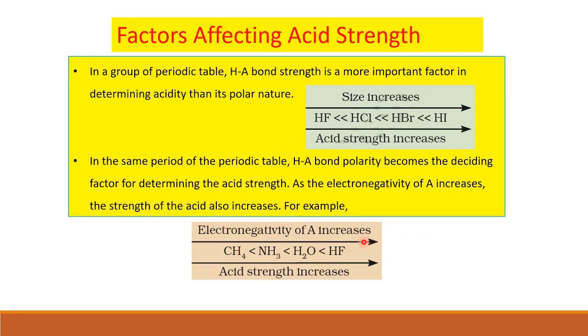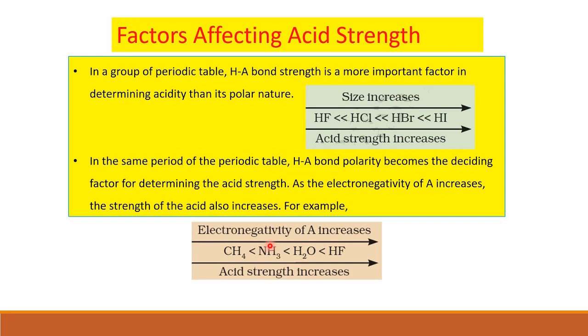Okay, but where do you see this effect? This effect is in the period, from left to right, whereas the other effect is in the same group, from top to bottom. So the bond strength factor is dominating in a group, and the electronegativity effect is dominating in the period. So it depends upon the situation whether it belongs to a period or a group or a combined effect.